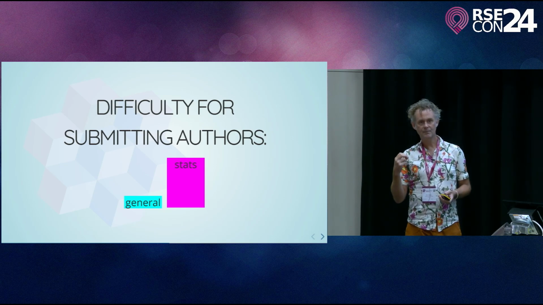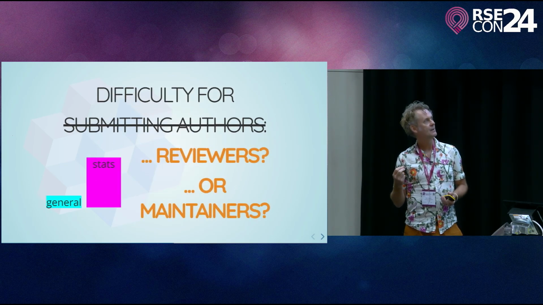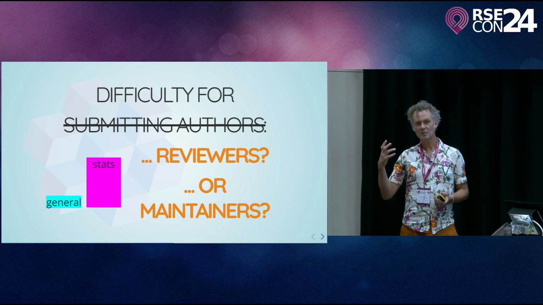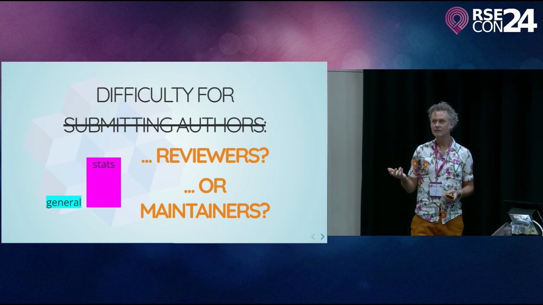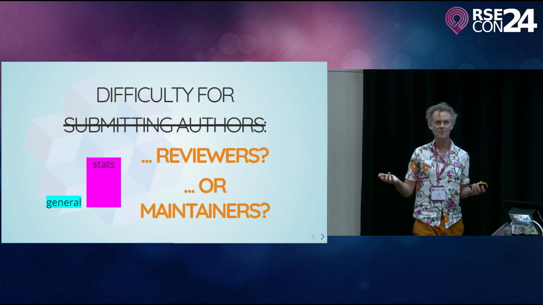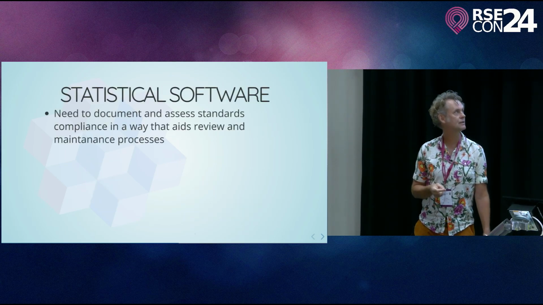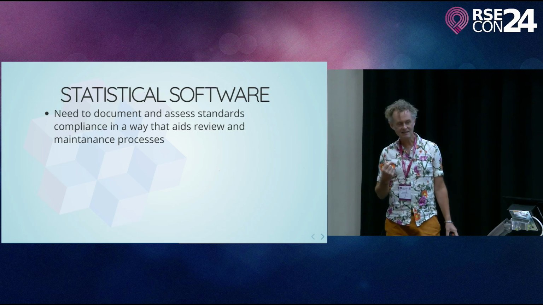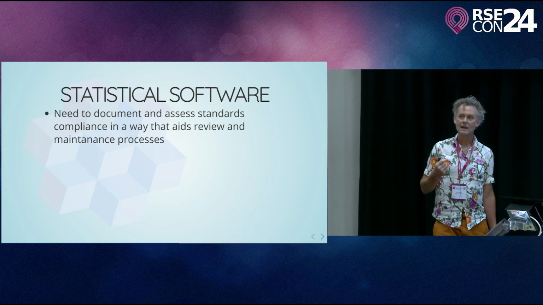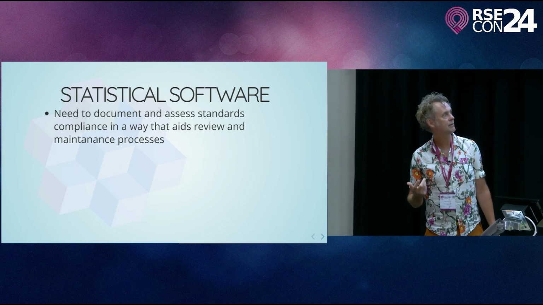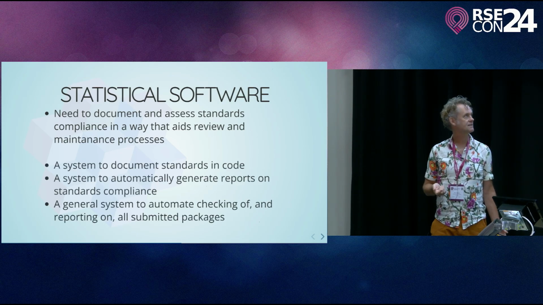And what we didn't want to do was to place a similarly increased burden on either reviewers or maintainers, but we didn't know anything until the system was up and running about what that burden might potentially be. So what we effectively needed to do was to document and assess standards compliance in a way that best aided both the review process and the maintenance processes of software.